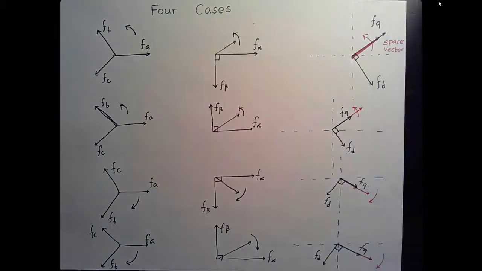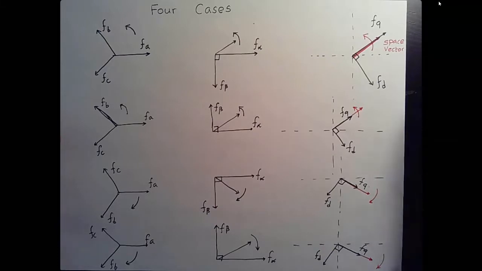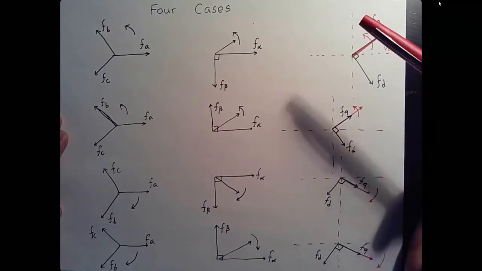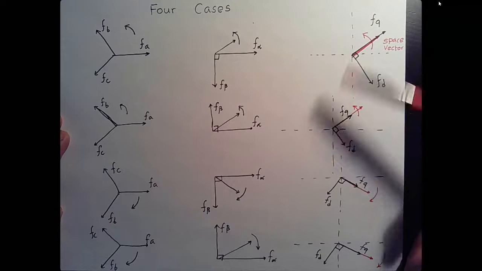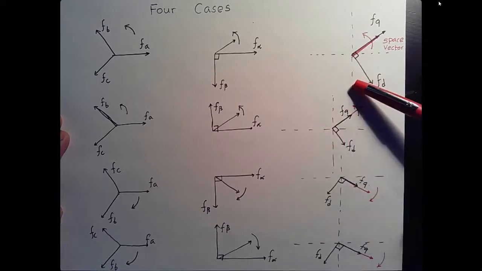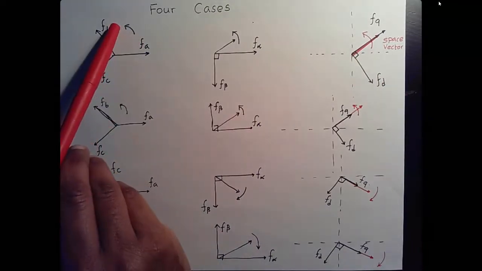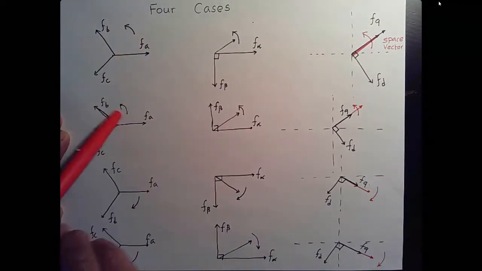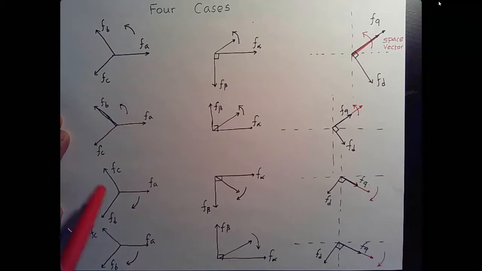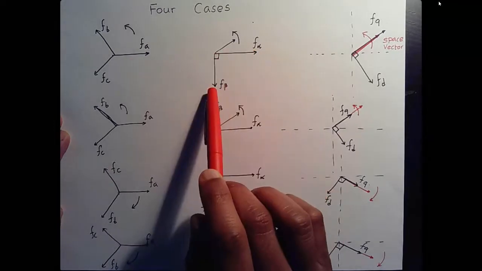So in order to shed some more light on what we talked about just now, I'll show you some simulations, but first I want to show you the 4 cases that I'm going to simulate. Here we have two counterclockwise rotations, and here we have two clockwise rotations, and I'm aligning F alpha and F beta in this fashion.